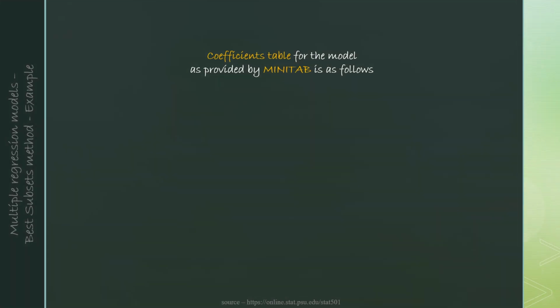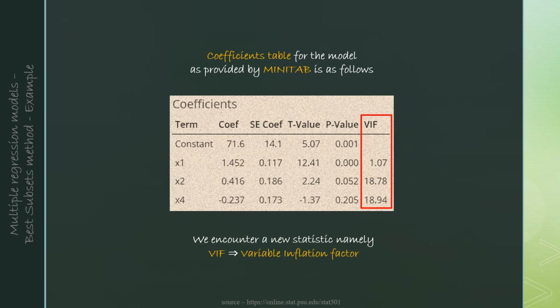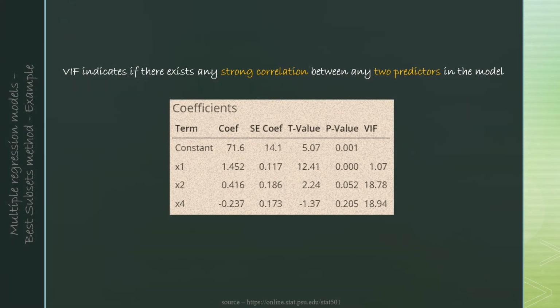The coefficients table for this model as provided by Minitab is as follows. We encounter a new statistic, namely VIF, which is variance inflation factor. We will understand the statistic in detail later, but for now, VIF indicates if there exists any strong correlation between any two predictors included in the model.